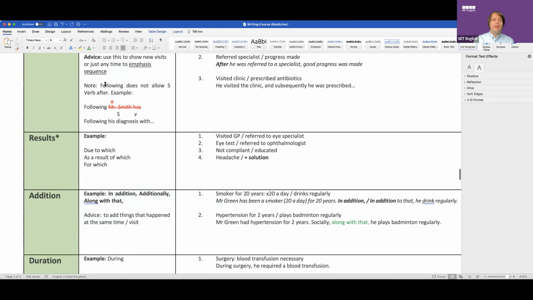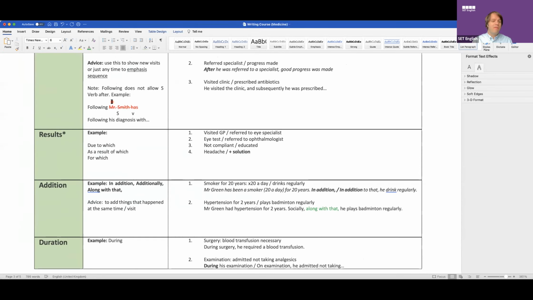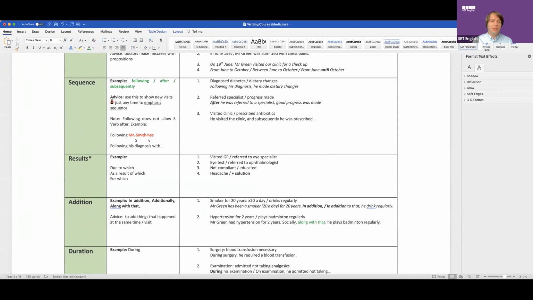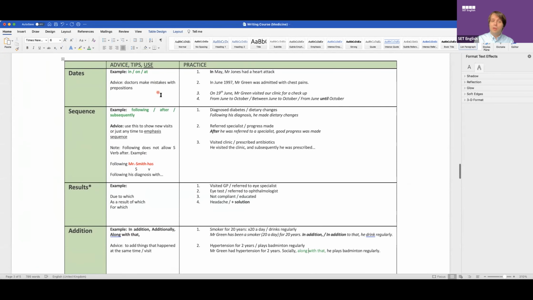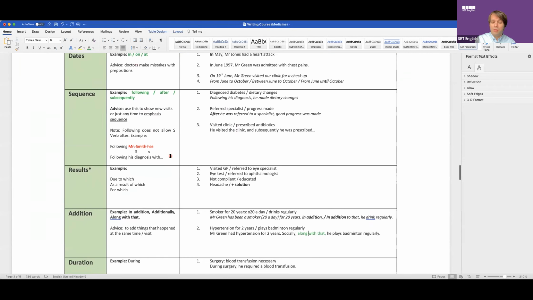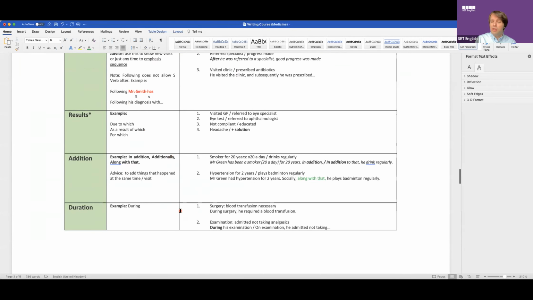Now, guys, these ones I would say are not too difficult, but there's lots of them. You should practice all of these. Make sure you don't make mistakes with dates. You would be surprised how many doctors make mistakes with prepositions. Make sure you always use sequence language in your paragraph, at least once or twice. Try to use a duration, maybe.